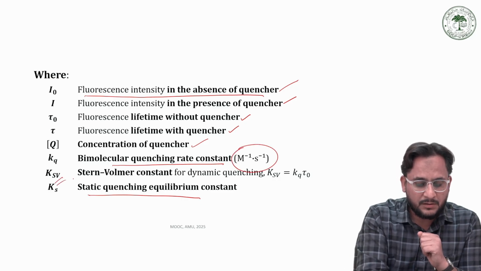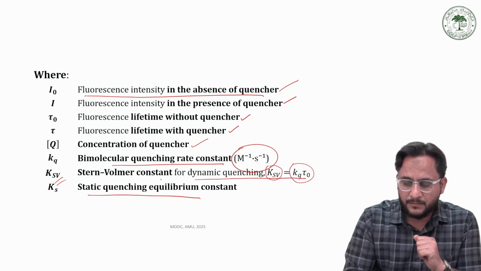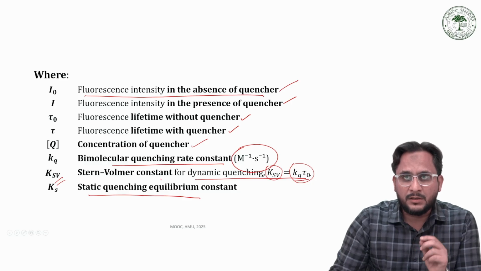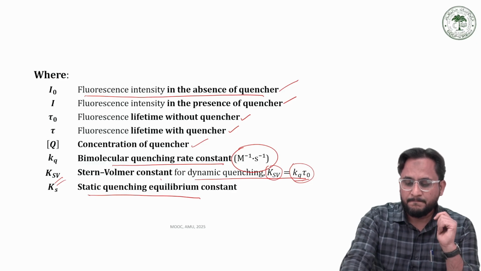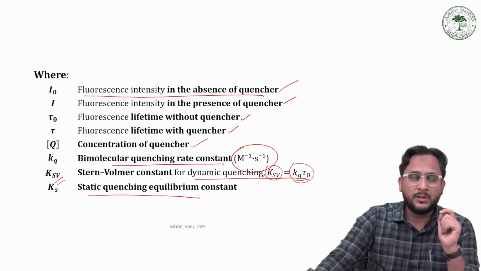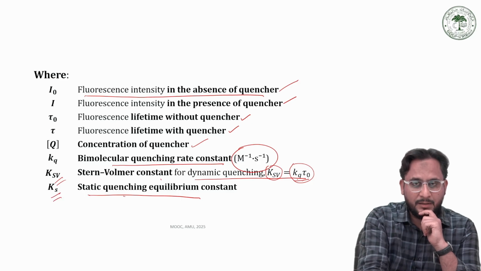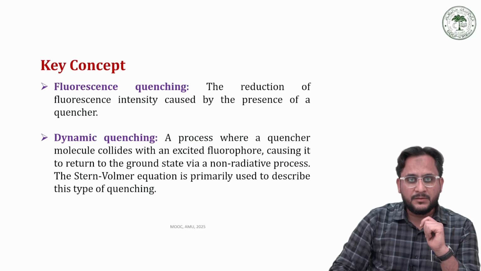KSV is the Stern-Volmer constant. For dynamic quenching, KSV is equal to Kq times tau naught, the lifetime of fluorescence, or the time duration up to which fluorescence light is emitted. And finally KS is the static quenching equilibrium constant. These are the explanations of these terms.